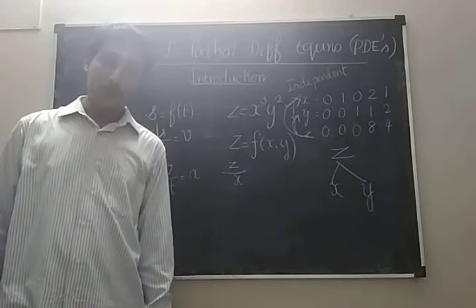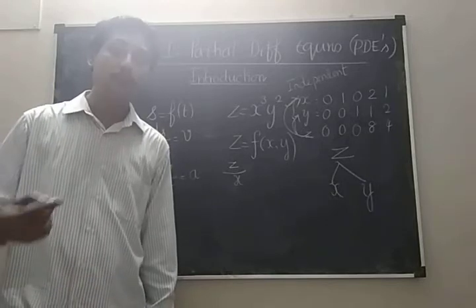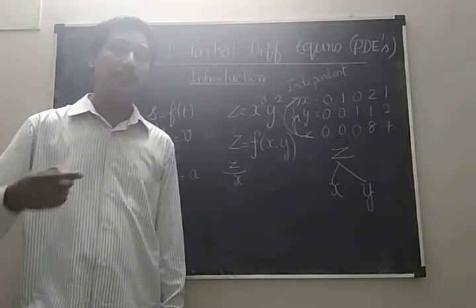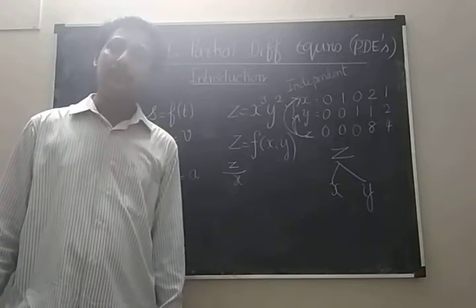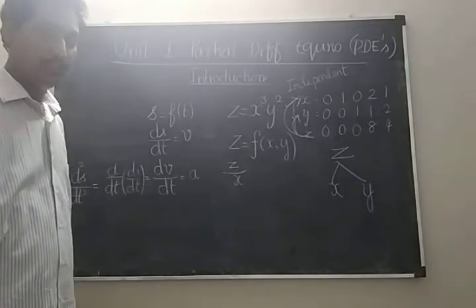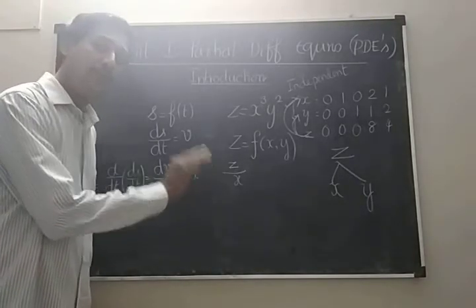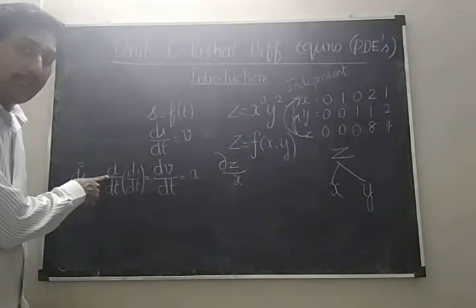We assume that the other variables are constant. So we can do the partiality among the variables. That's why this is known as partial differentiation. So I use the notation dou for partial. For ordinary, I use d.